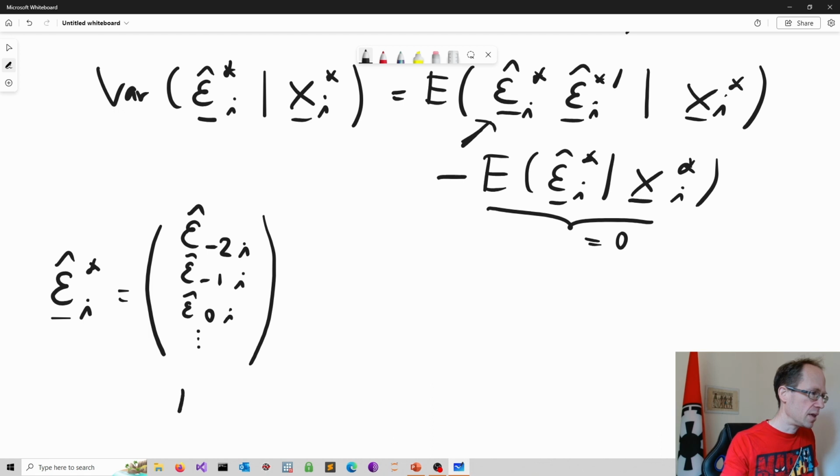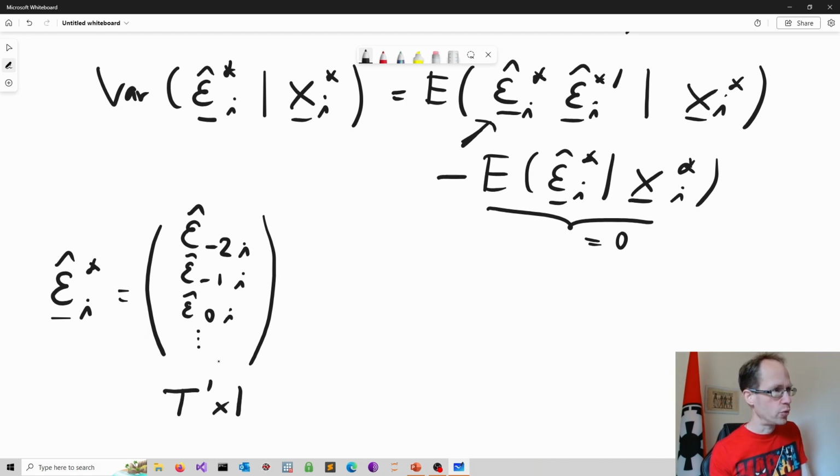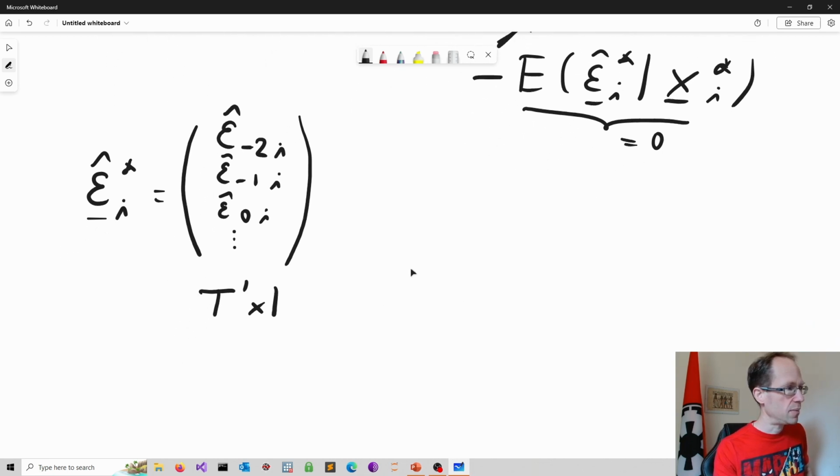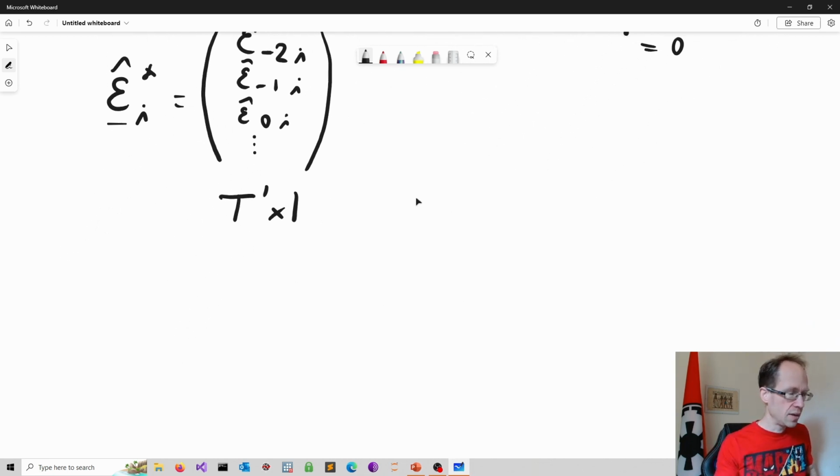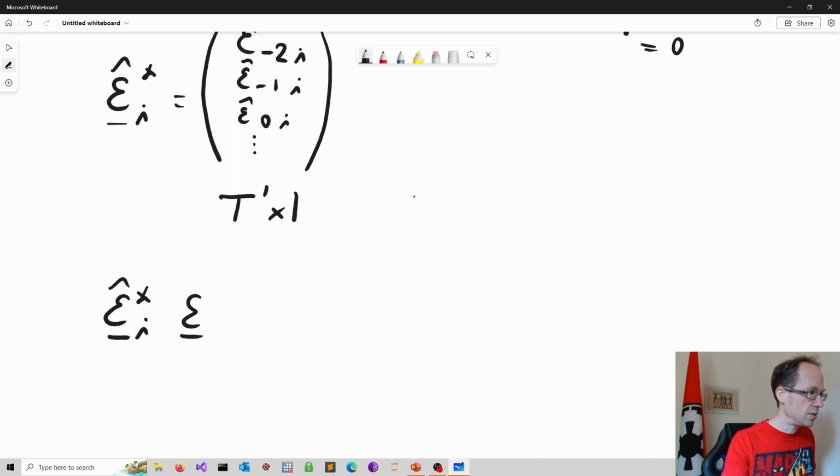So that would be the structure. So we have here T prime times 1, so that's the dimension. If I take this column vector, what can I say about this product here? Let's have a little look. If I look at the epsilon i star hat times epsilon i star hat prime, I have exactly the same vector I saw before.